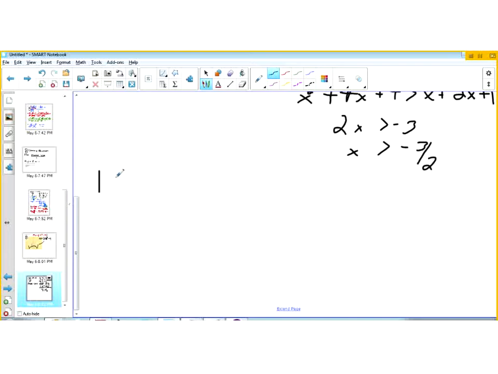So another example is when we have the absolute value of a quantity greater than a number. So for instance, let's consider the absolute value of 2x minus 3 is greater than 5. All right, so to solve this without using absolute values, we do it piecewise.